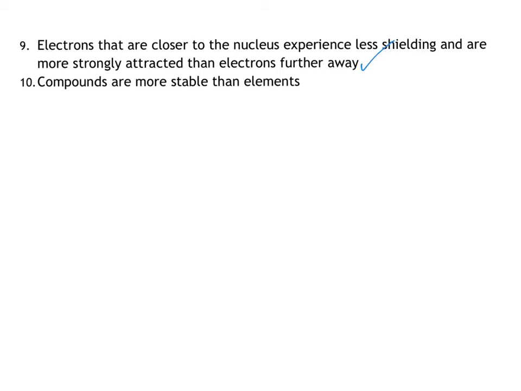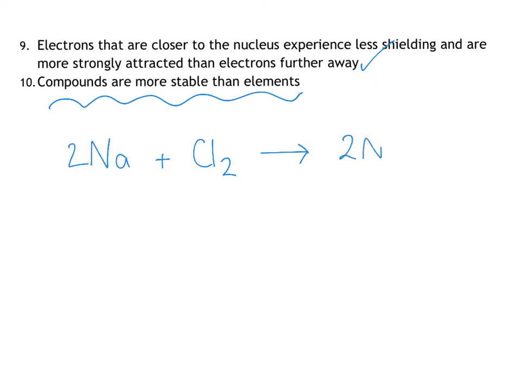Compounds are more stable than elements. If we take a common example, sodium, a highly reactive metal, reacts with chlorine, a highly reactive non-metal, and makes sodium chloride, a highly unreactive salt. So from our traditional chemistry, this one is usually true.